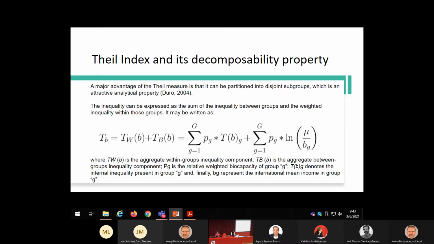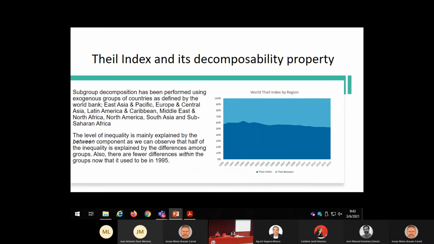And one of the properties of the Theil index is that we can decompose it, which means that we can analyze the inequality between the groups and within the groups. To give you a better idea, let me show you this next slide, where, as I mentioned, I use the World Bank subgroups that I mentioned in the previous slides.